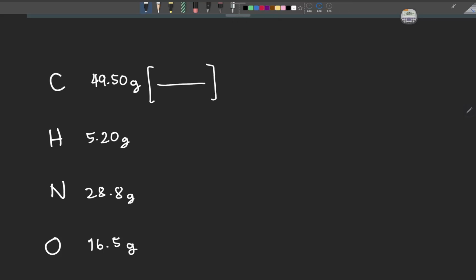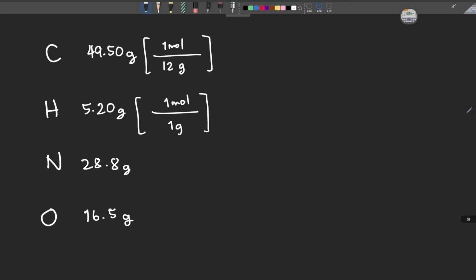Okay, next is to convert this to mole, get the periodic table. So 1 mole of carbon, we already know 12 grams. Hydrogen, 1 mole, 1 gram. Nitrogen, 1 mole. How much is nitrogen? 14 grams.